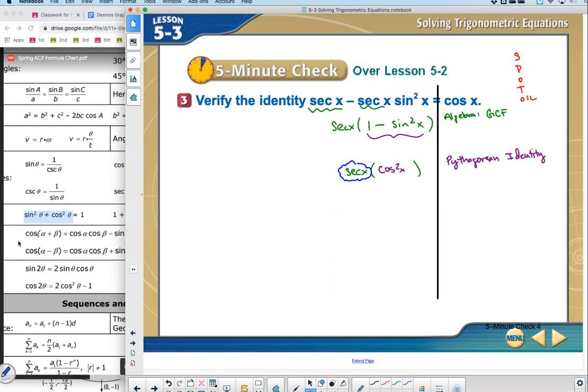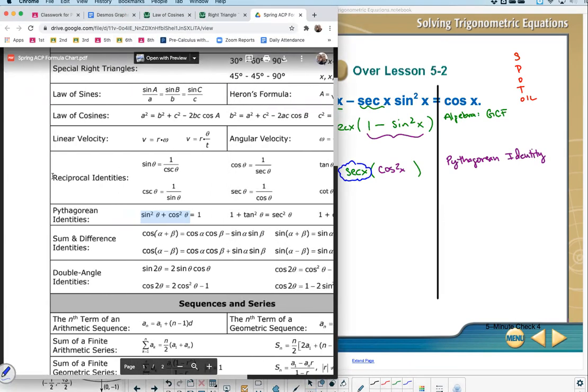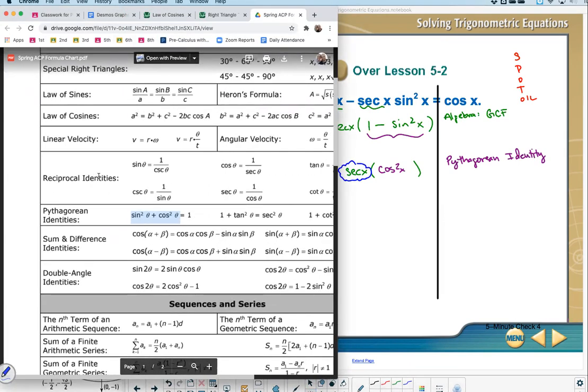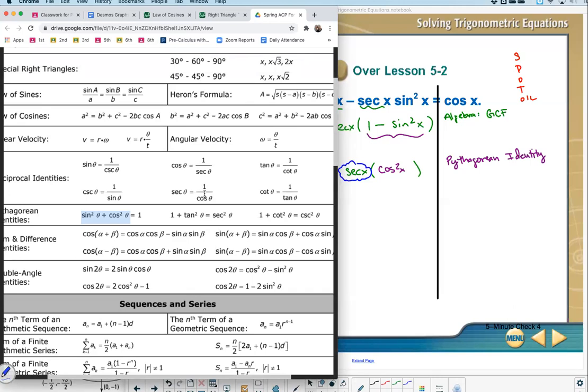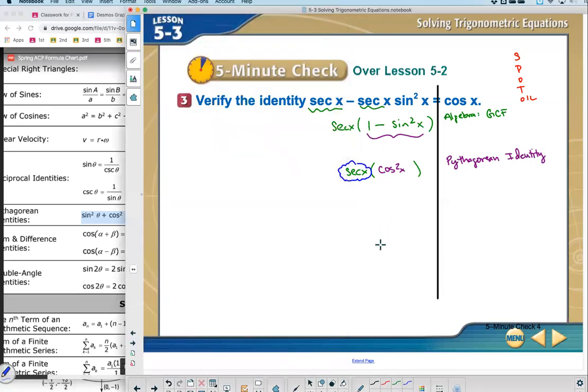Now, what is secant? If I go to the reciprocals, and I look for secant in the numerator, I see secant is equivalent to 1 divided by cosine. Or, stated another way, since this secant was multiplying times cosine squared, it will be cosine squared divided by cosine. So for the sake of notes, I'm going to change secant to just 1 over cosine, and then I will put this cosine squared right here that's multiplying.